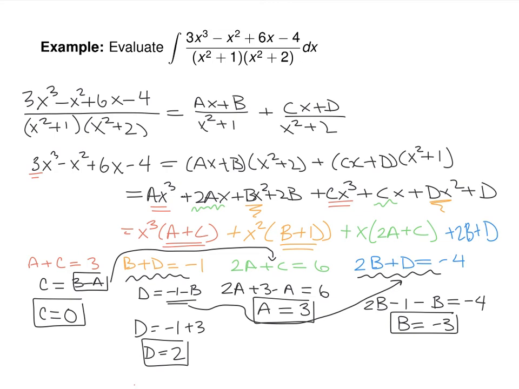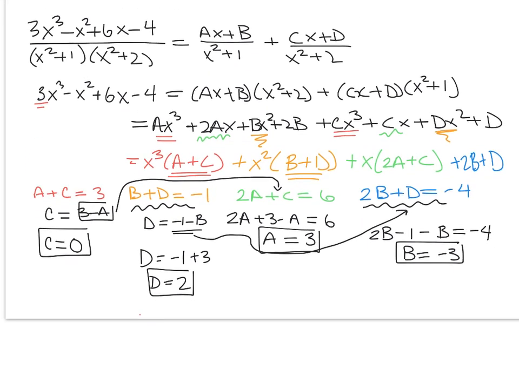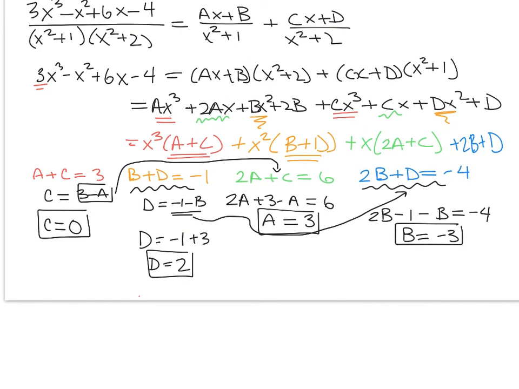So let's call this original integral something like I. That'll make it easier to rewrite the whole thing. So the original integral I will equal the integral of ax plus b, so 3x minus 3 over x squared plus 1, plus cx plus d, so plus just 2 over x squared plus 2.